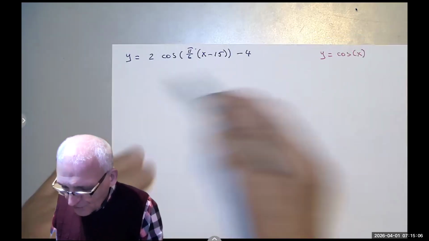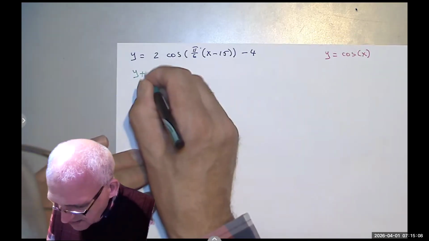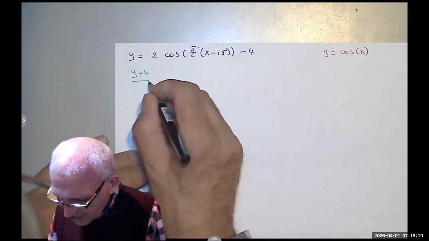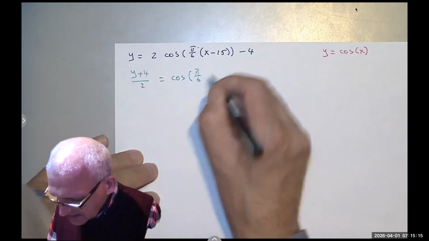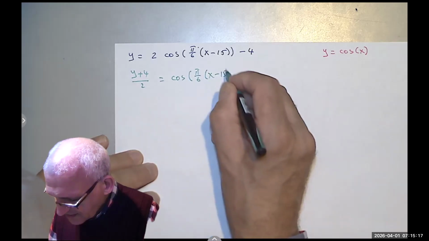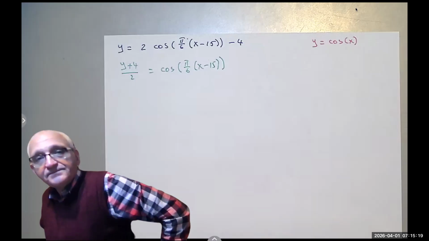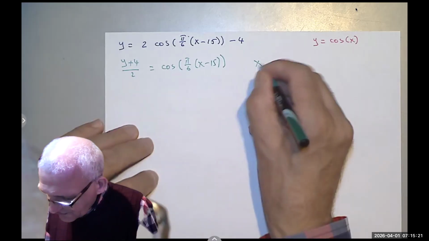I will add 4 to both sides and then divide both sides by 2. So that would give me cos of pi over 6 times x minus 15. That's it.